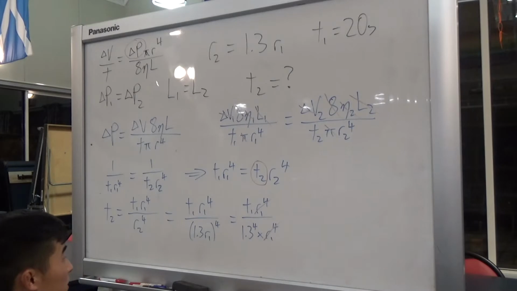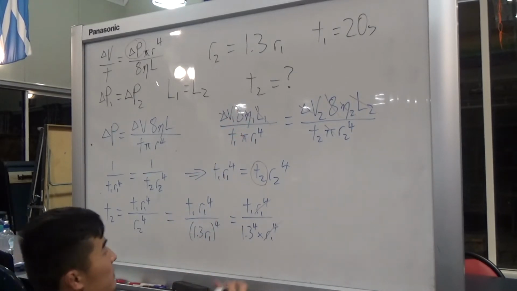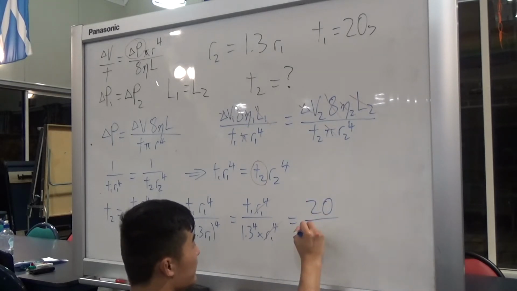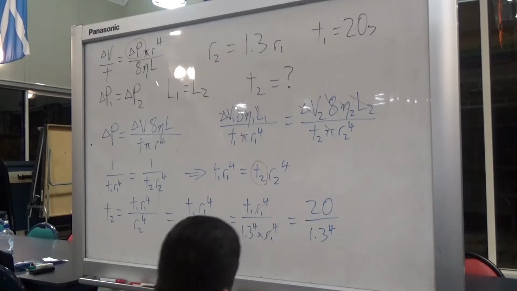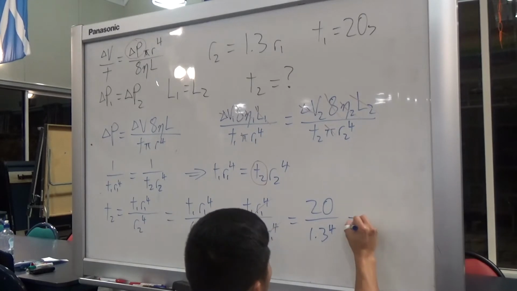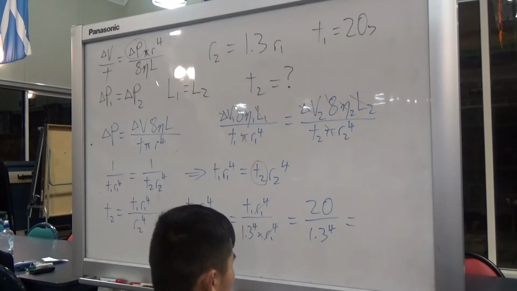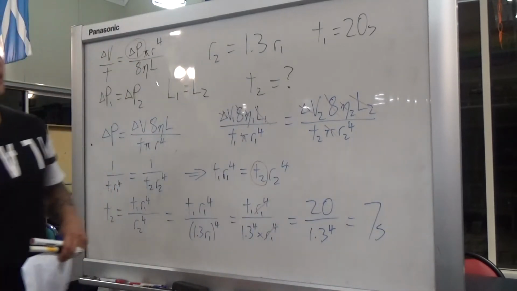Okay. And then we know that T1 is equal to 20 seconds. So 20 divided by 1.3 to the power of 4 is going to be T2. So that will be 7 seconds. Okay?